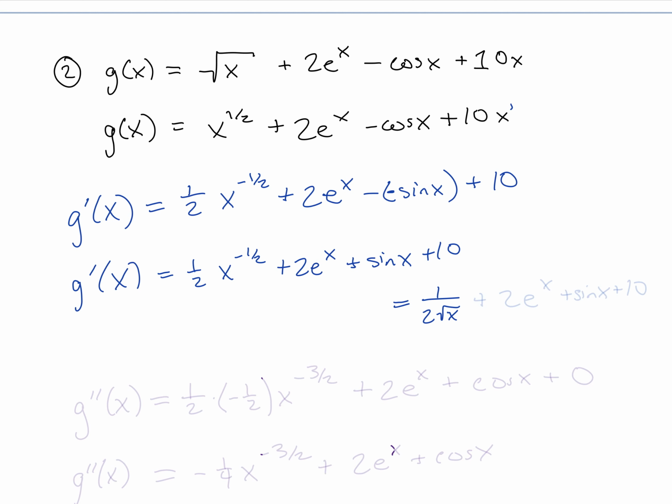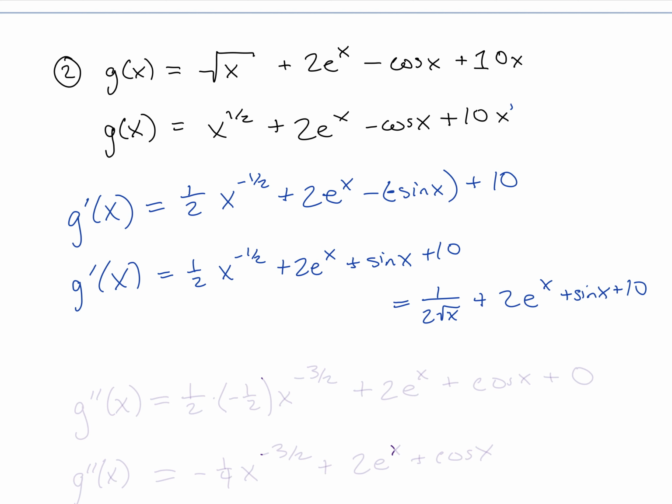That x to the negative 1/2 is the same as 1 over x to the 1/2, which is 1 over square root of x. So, plus 2e to the x plus sine x plus 10. That's an equivalent way of writing that first derivative.